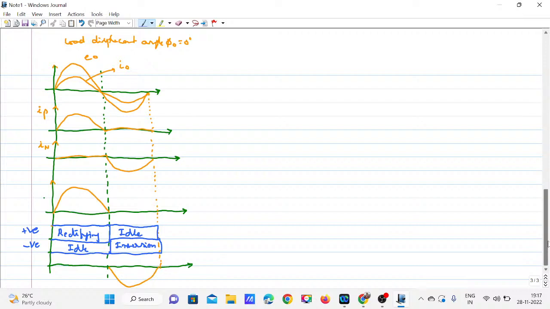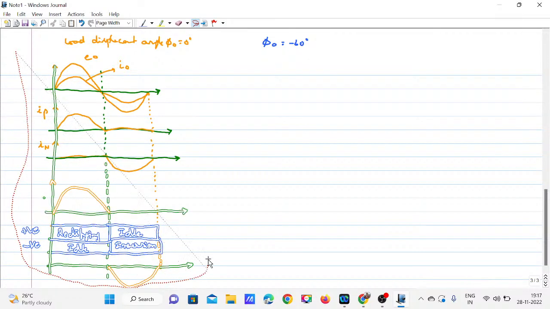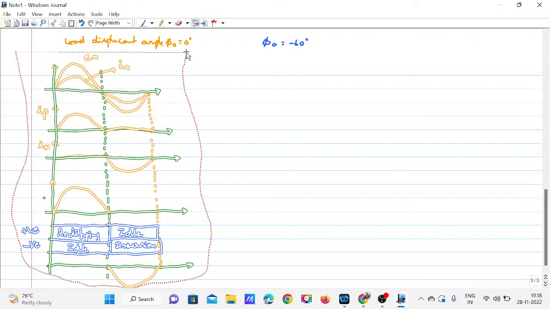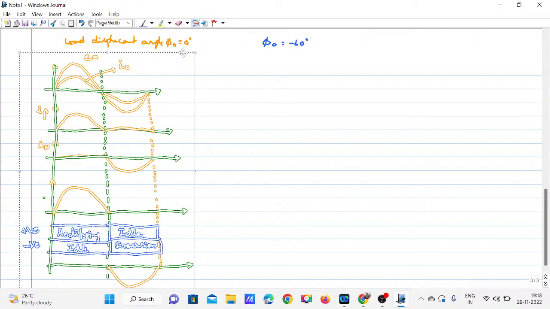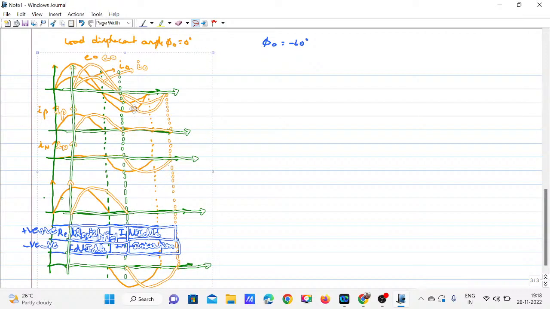Okay, let me go ahead with phi naught equal to, for example, minus 60 degrees. Then what will happen? If phi naught is equal to minus 60 degrees, what will happen? Okay, the same thing will come. So let me take the same thing only and I will explain almost. If I copy this and paste this, then only you can come to know what is the difference between these two. Copy and paste.